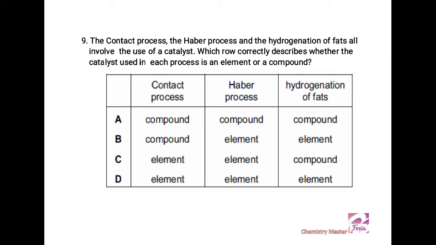The catalyst in the contact process is vanadium pentoxide, which is a compound. The catalyst in the Haber process is iron, which is an element. And the catalyst for hydrogenation is nickel or palladium.